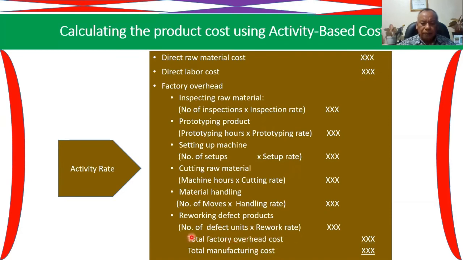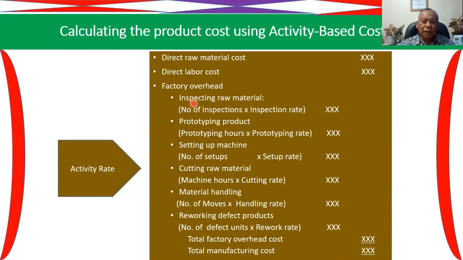So we can total the factory overhead costs, and then we add the direct labor cost and direct raw material cost. We find the total manufacturing costs or total product costs. Actually, this is the way to calculate the product cost if you are using activity-based costing.